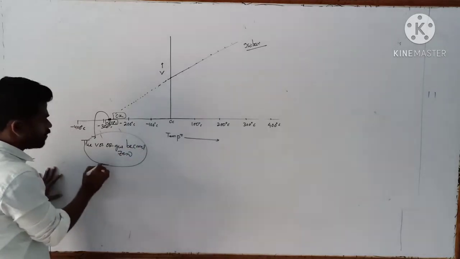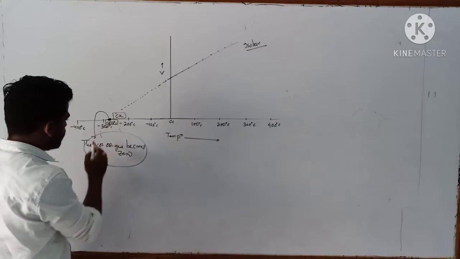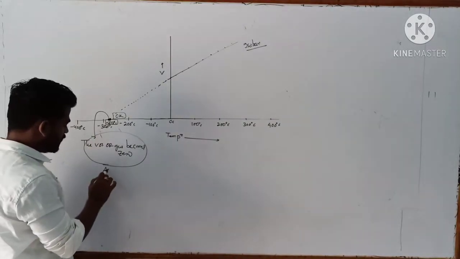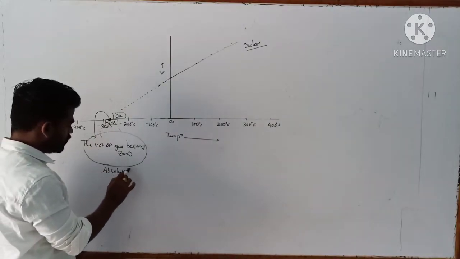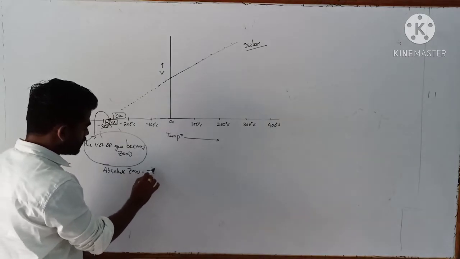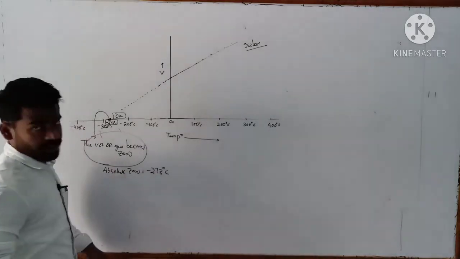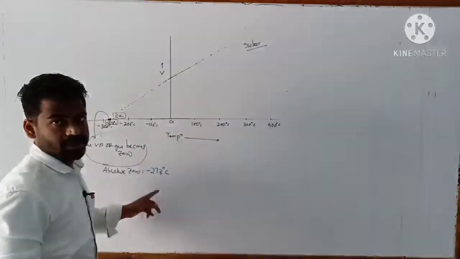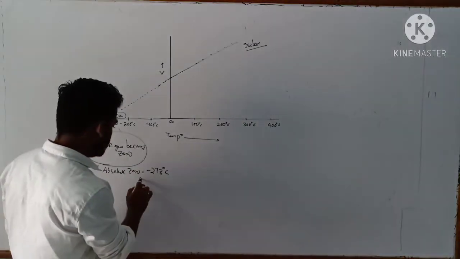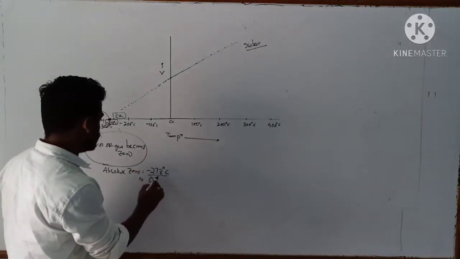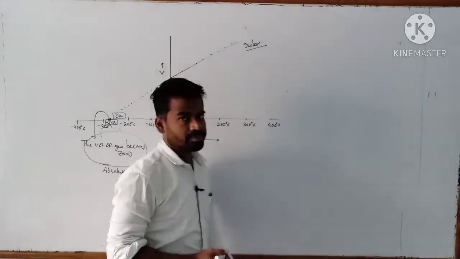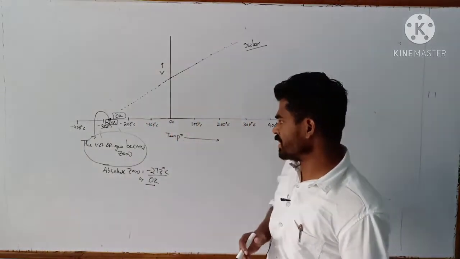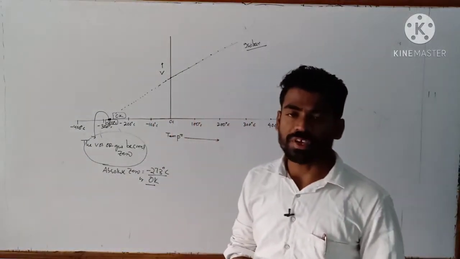Absolute 0 corresponds to minus 273 degree centigrade, where the volume of the gas is reduced to 0, or you can say 0 Kelvin. This is the graphical representation of Charles law.